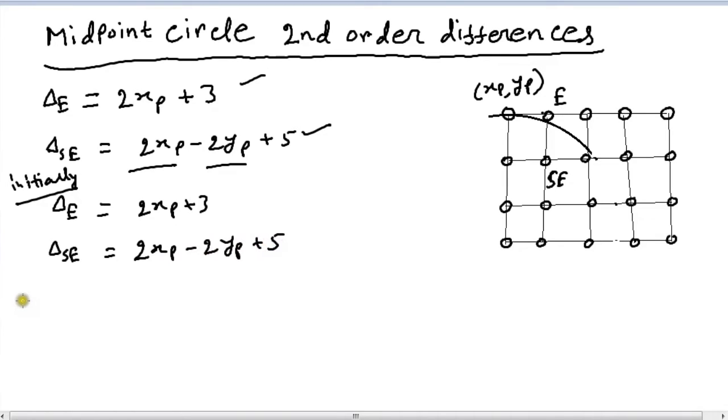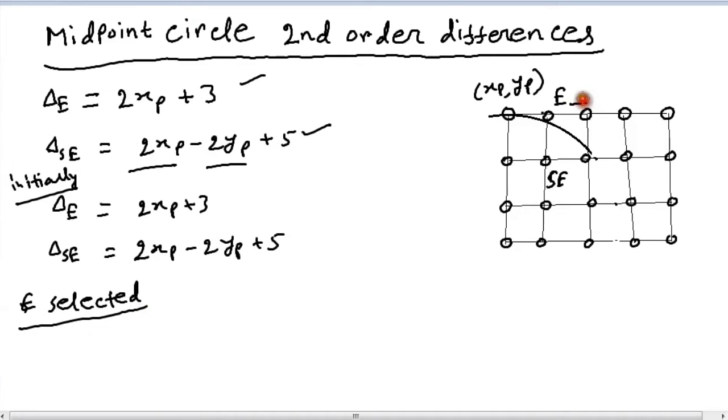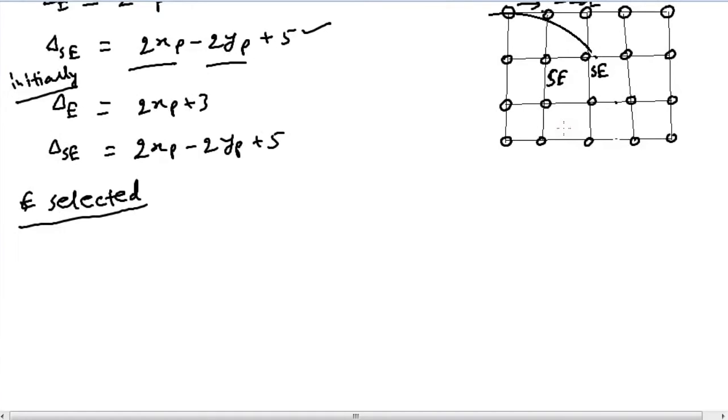Now suppose we have selected E. If we have selected E, what does that mean? This would become our new E, this would become our new SE, and our pixel would advance over here. XP plus 1, YP would remain the same. That would be our current pixel if we had chosen E. So at that point our current pixel would become XP plus 1, YP.